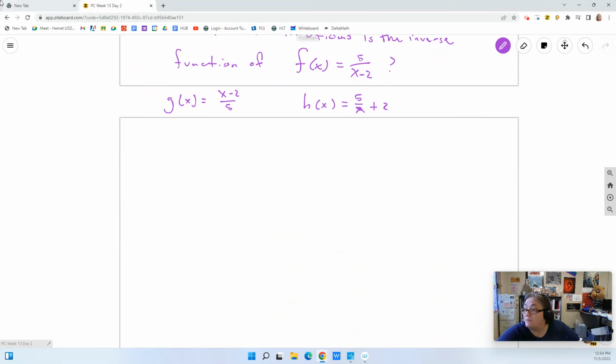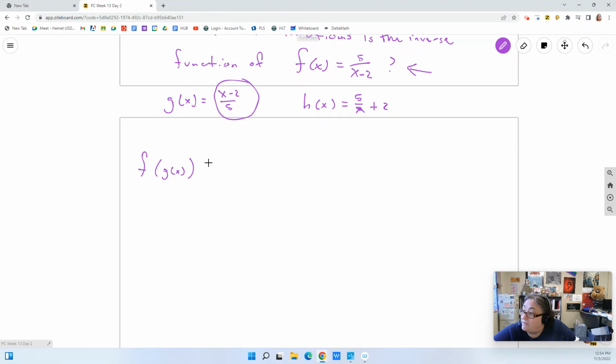How do we do that? So I have this f of x up here. Let's start with g: I'm going to plug g of x into my f of x. That means wherever there is an x in my original equation up here, I'm going to plug in the value that is g of x.